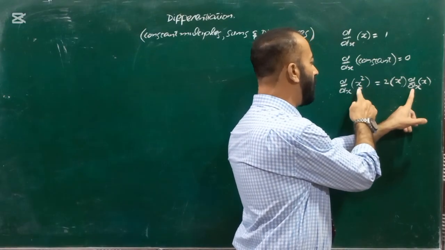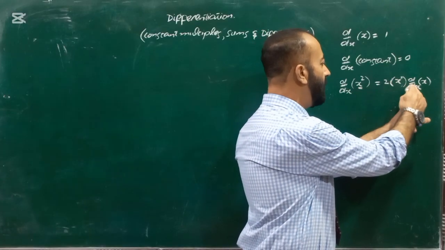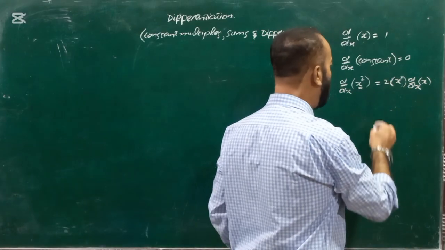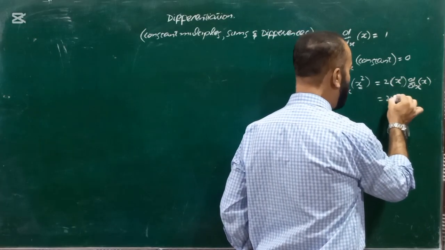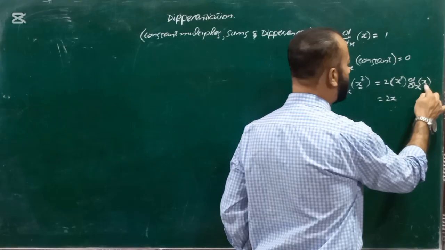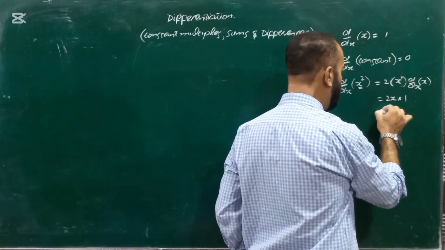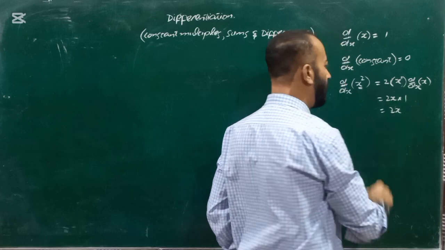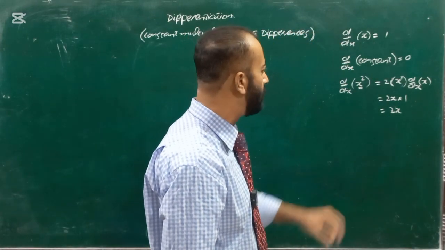And take the differential of the original variable which is having power. So there is x, so that's why differential of x. So in this second step, that will be equal to 2x. And differential of x is 1. So this will be 2x. So this will be the method which we will follow to solve these kinds of questions.